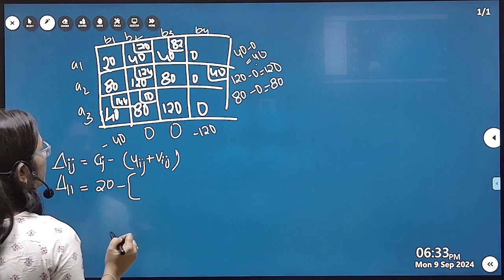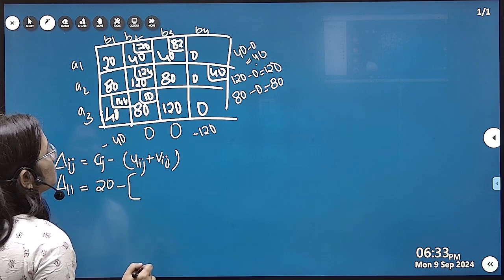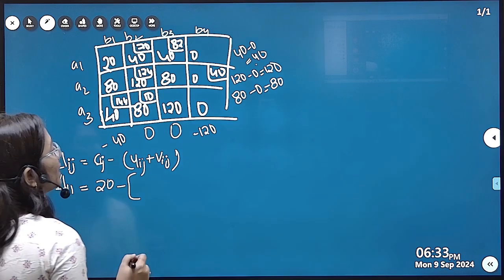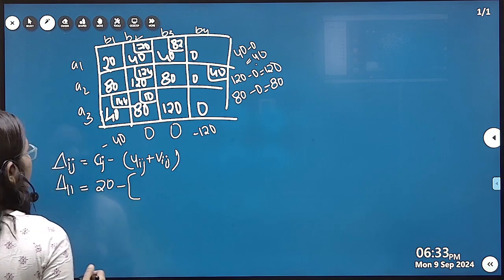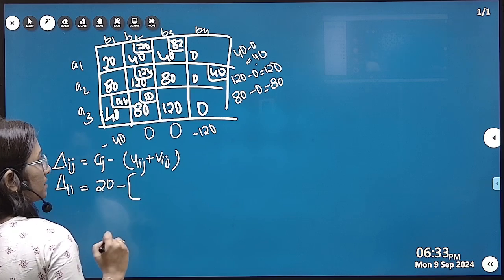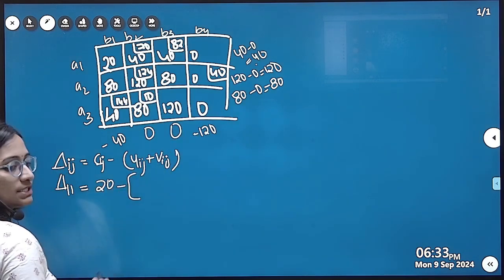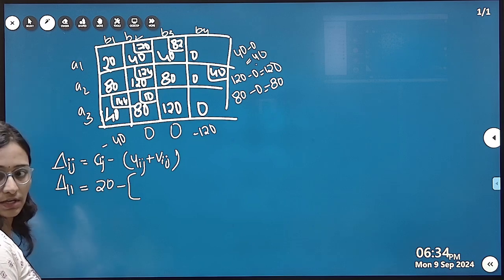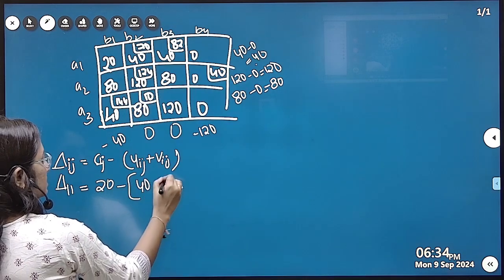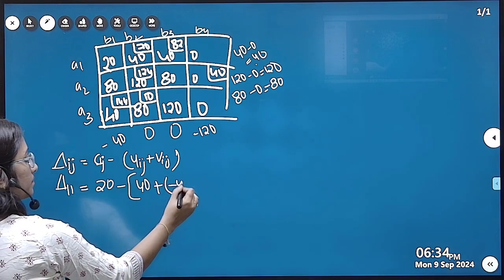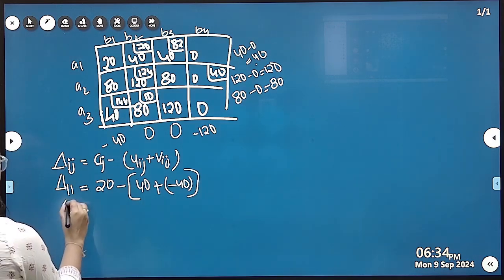What is ui? Rows are denoted as i and columns as j. The row value is 40, so this is plus, and here we got minus 40.